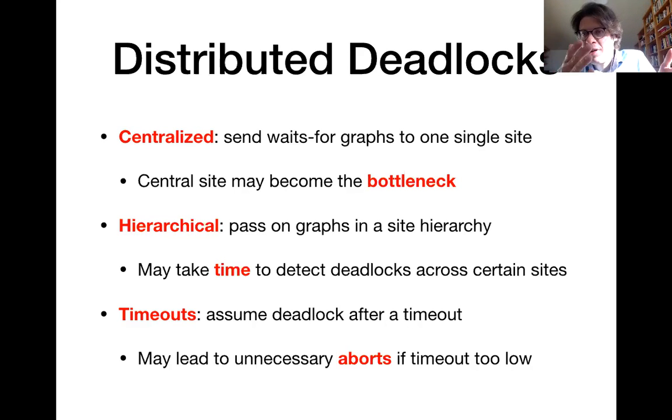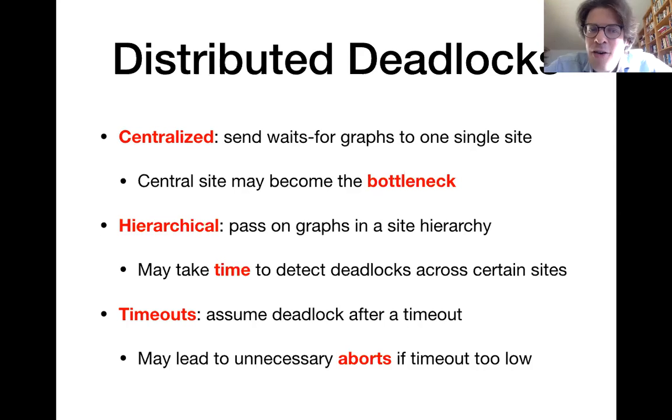We could, in principle, have one dedicated site that gets sent all of the waits-for graphs from all the different sites, but then that central site would likely become the bottleneck, and it would be a vulnerability if it fails.